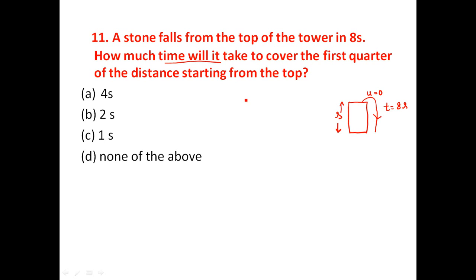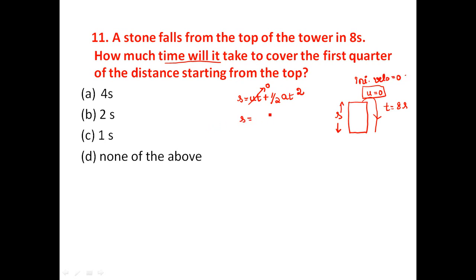We have the second equation of motion, that says S is equal to ut plus half at square. What about this first term? That is equal to 0, right? Because u is equal to 0, that is the initial velocity is 0.